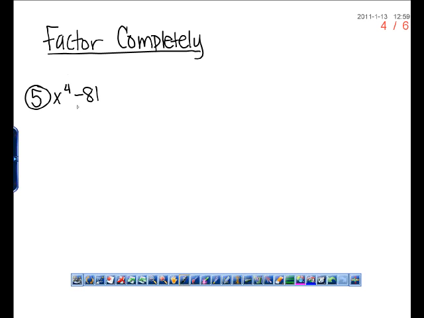So tell me what you notice when you see this. x to the 4th minus 81. Good. Difference of squares. How does this factor? x squared minus 9, x squared plus 9. Okay?